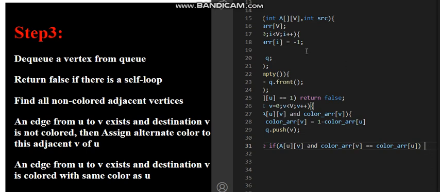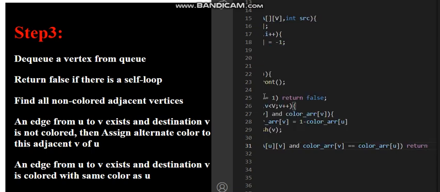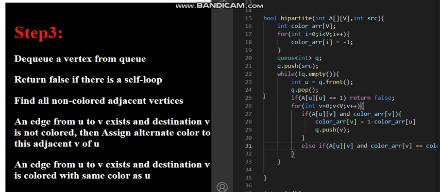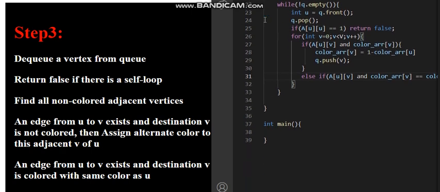Because if u is already colored with red and the neighbor has to be colored with red, then it is not possible to divide, right? That means we have ended up with an odd cycle, so we'll return false. Okay, this is the function. It is easy, right?